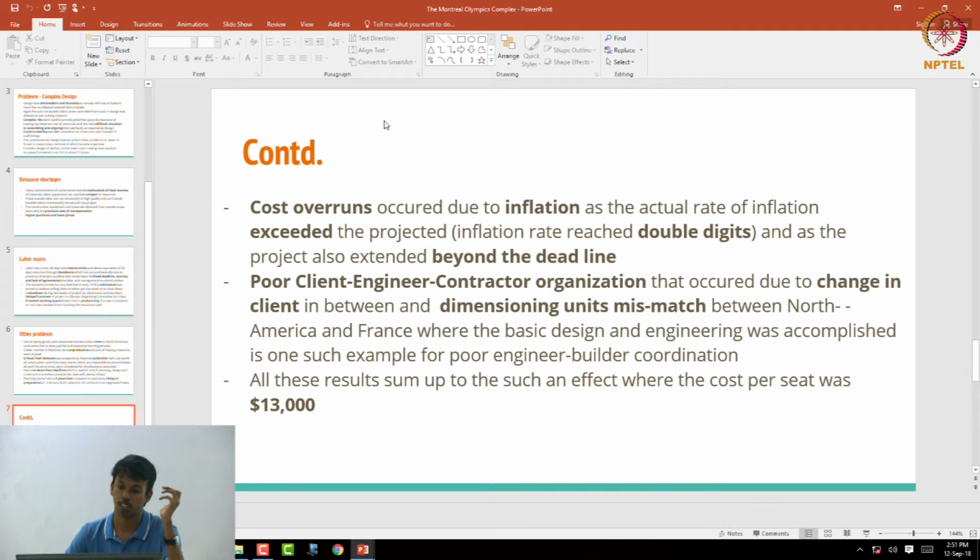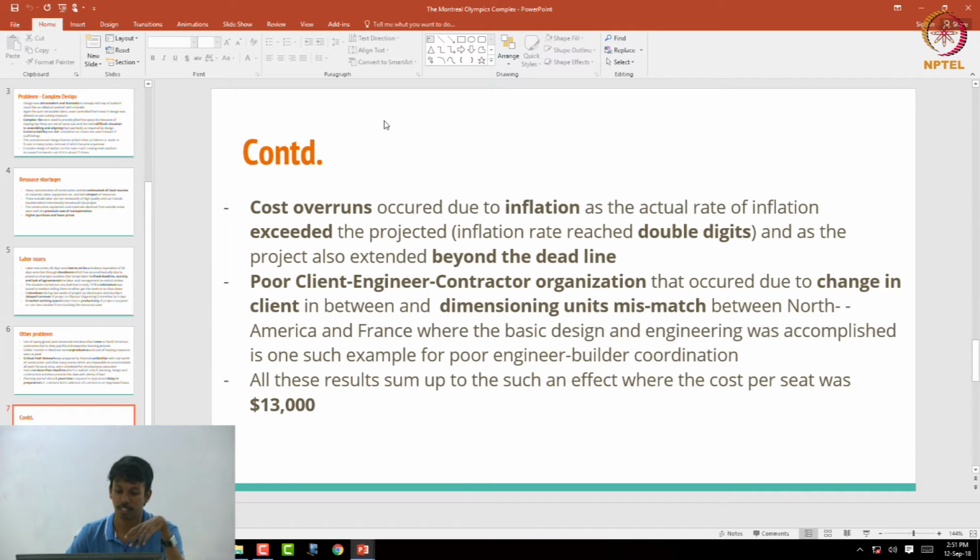and inflation was one of the major problems, as the duration of the project was also exceeded, and in addition to that the inflation rate reached double digits. So it created an add-on effect, which increased the cost much, and there were poor client-engineering-contract relationships.